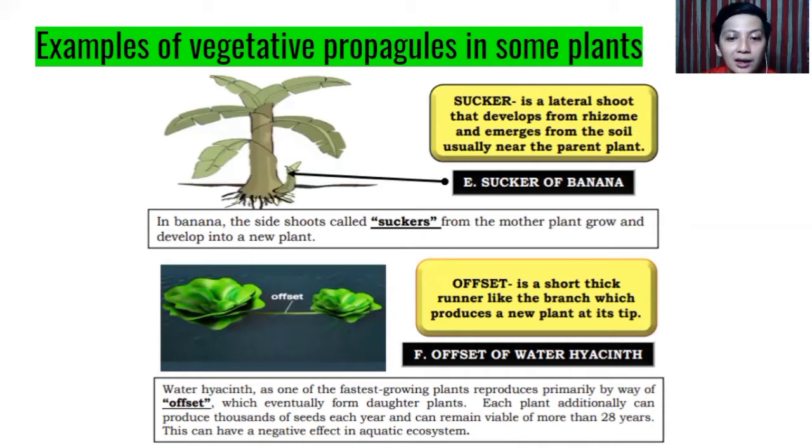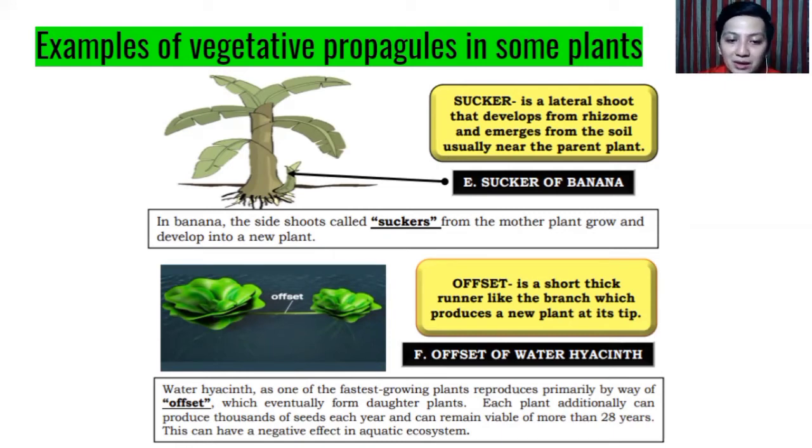new plant. While letter F, offset of water hyacinth, para siyang connection sa dalawang water hyacinth. So offset is a short, thick runner like the branch which produces a new plant at its tip. So water hyacinth, as one of the fastest growing plants, reproduces primarily by way of offset.